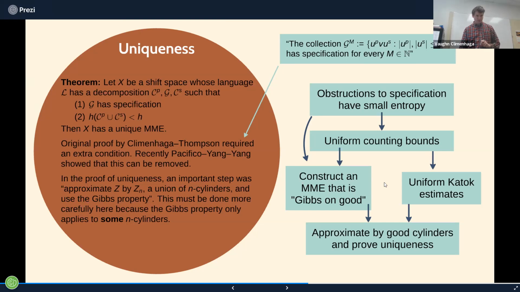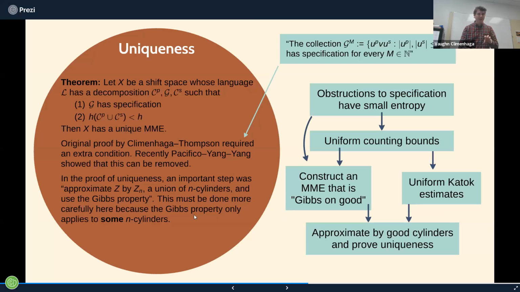And the idea of the last step of the proof was to run the absolute continuity argument. That is, take your Gibbs measure, take any other MME, show that that MME must be absolutely continuous with respect to the Gibbs measure. And the way to do it was to approximate an arbitrary set Z by a union of n cylinders and then use the Gibbs property. But if you only have the Gibbs property on good cylinders, well, then the cylinders that you are approximating with had better be good ones.